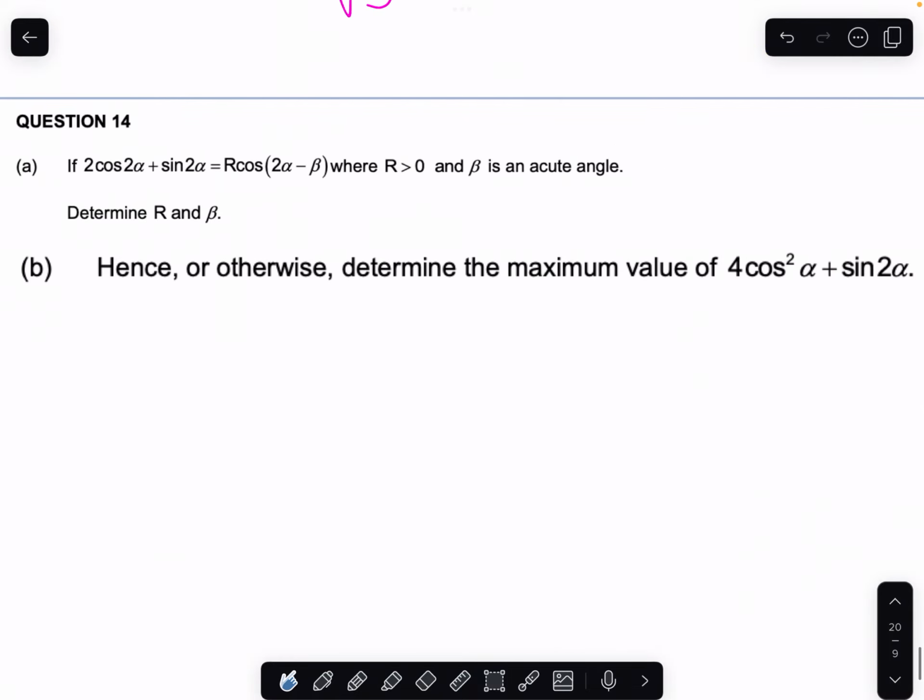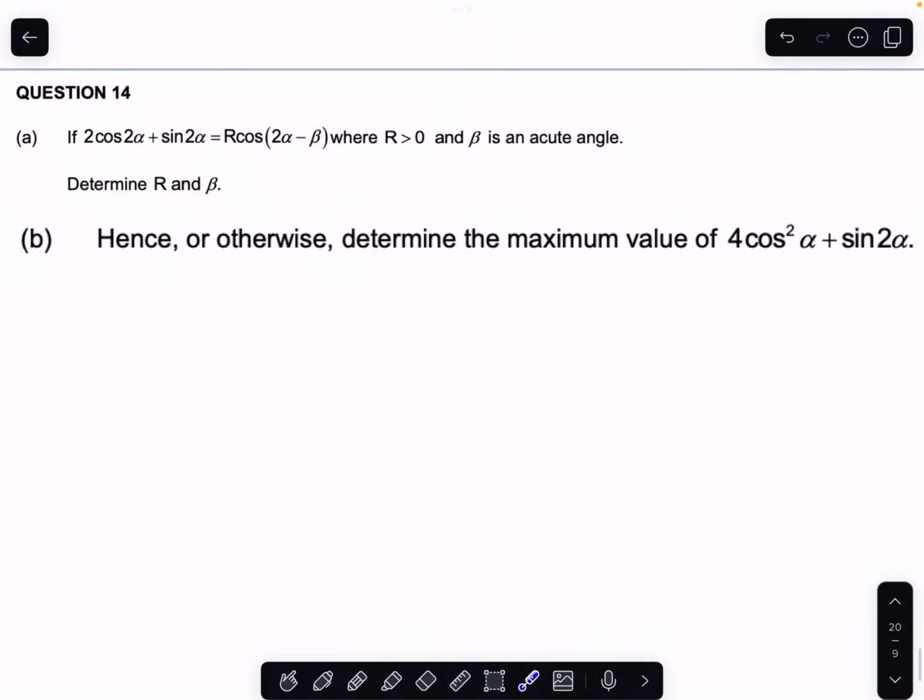Okay, so now we're asked, hence or otherwise determine the maximum value of 4 cos squared alpha plus sine 2 alpha. So the sine 2 alpha is giving this to me. And then the 4 cos squared alpha, I feel like I need to connect to this somehow.